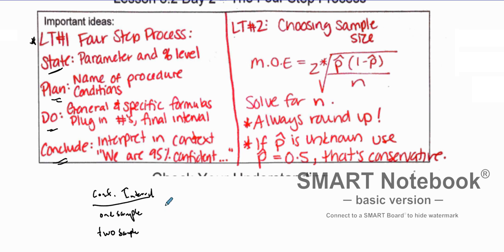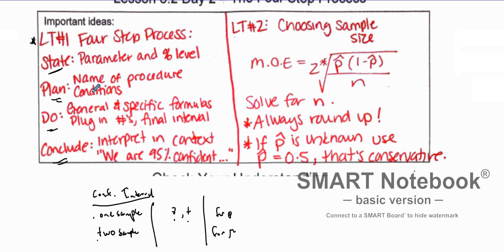We can have a Z, we can have a T, and we also can have it for proportions, for P, or for the mean. So there's basically two different ones. We have a one sample, two sample. You got to figure that out. Is it a Z or a T? Which you may or may not know what T is, but Z or a T. And then for P, the proportion, or for the mean, what we have there.